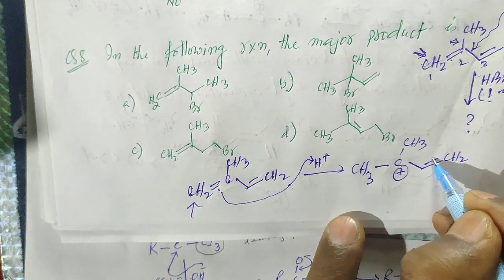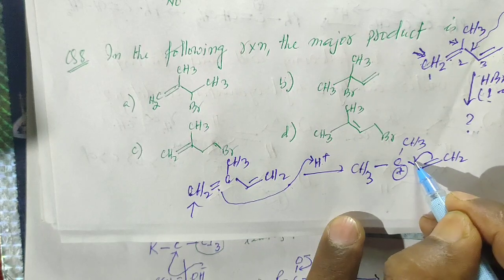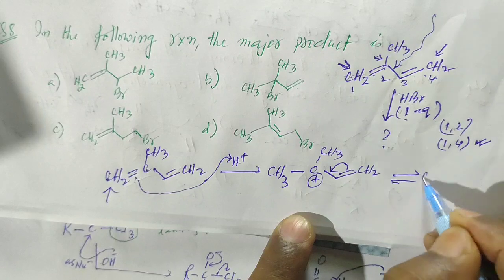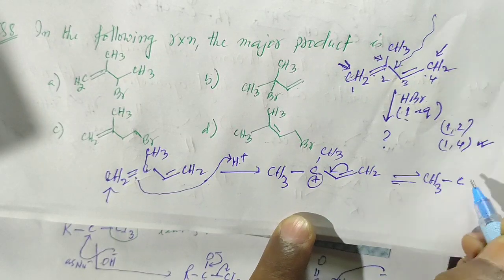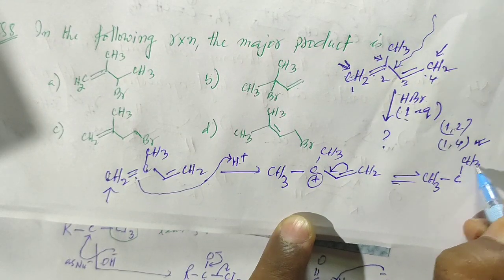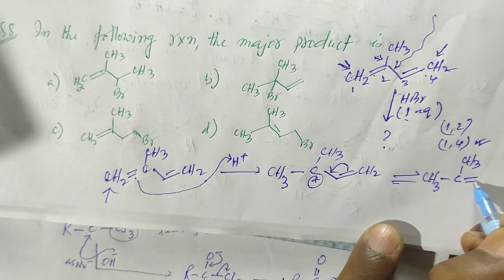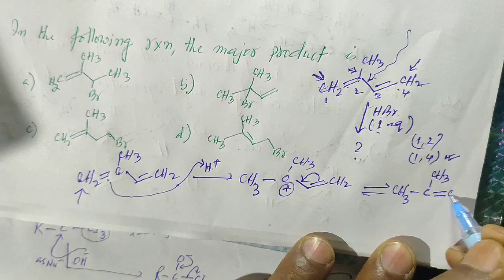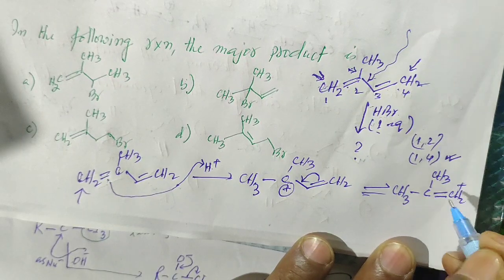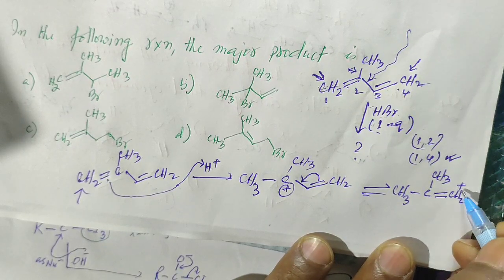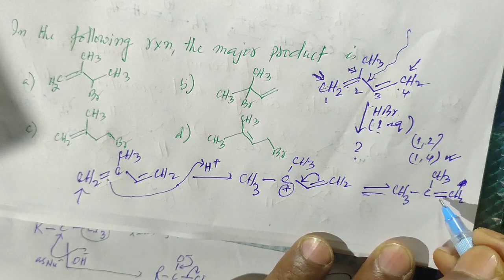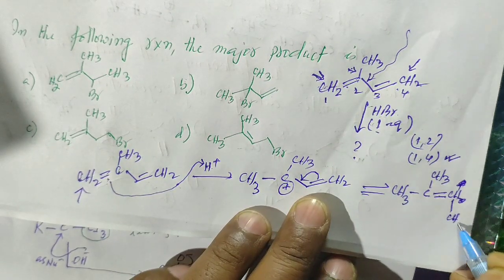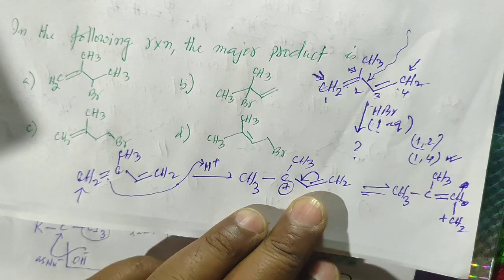So there will be a resonance, shifting of the pi bond. So we will get this CH3 C, CH3 double bond will be here, and the CH2 plus, and double bond will be shifted here. This is CH, and we will have CH2 plus here.